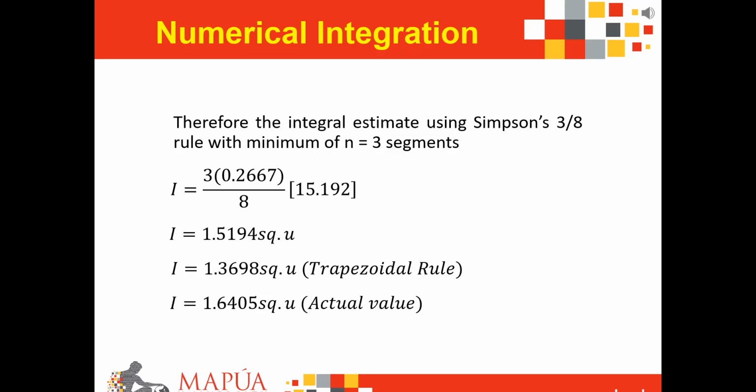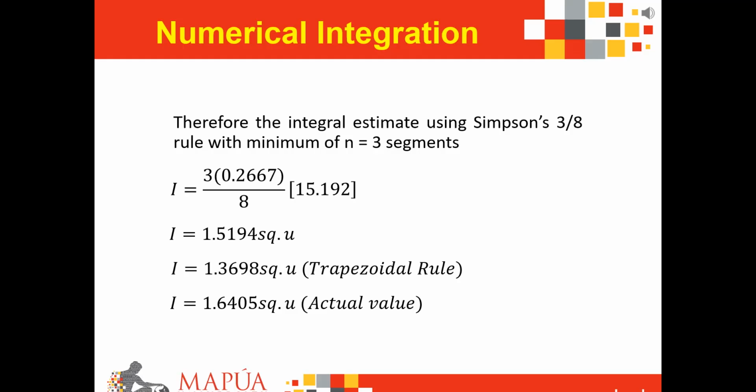And we already know that the actual integral value should have been 1.6405, showing us that when applying Simpson's 3/8 rule at 3 segments, this particular estimate would be better than your trapezoidal rule, since a 3/8 rule still uses a curved cubic function as compared to a straight line used by your respective trapezoidal rule.